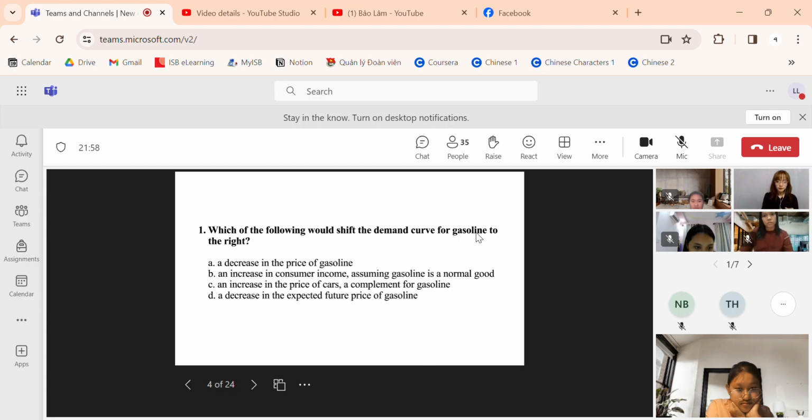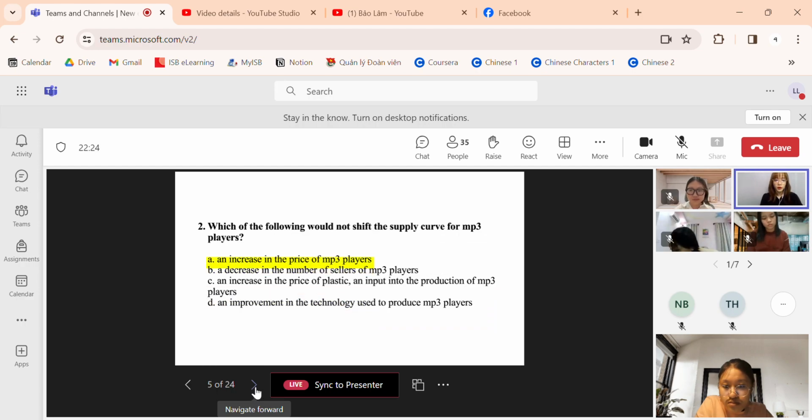I choose B because they assume that gasoline is a normal good. So when the income increases, the demand for gasoline also increases. Okay, Hung, your answer is B. I think that is the correct answer because it is about a normal good. Here we have some separation, normal good or inferior good.